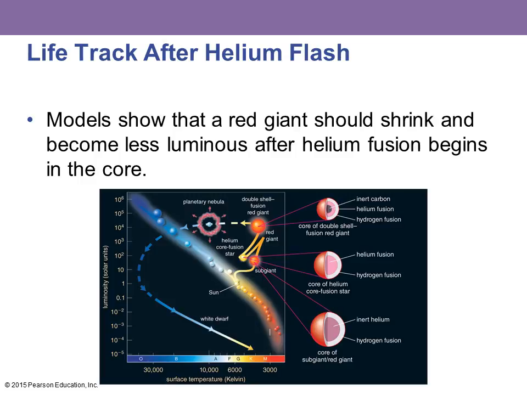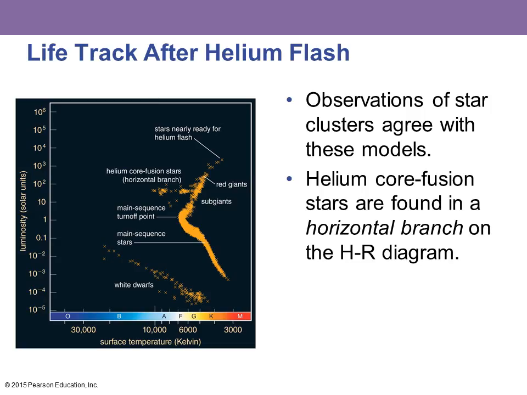And then ultimately, as fusion begins to lessen, it swings down and to the right, finally becoming a white dwarf. And observations of star clusters agree with these models. Helium core fusion stars are found in the horizontal branch of the HR diagram. So we see subgiants and red giants as part of the process of low mass star dying.